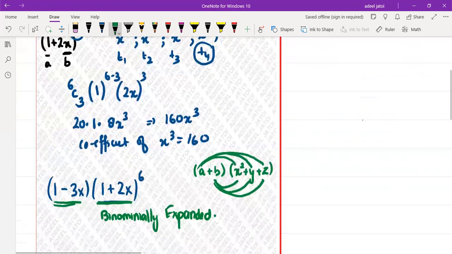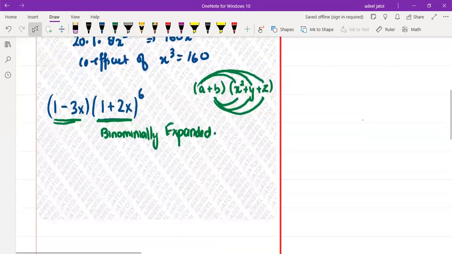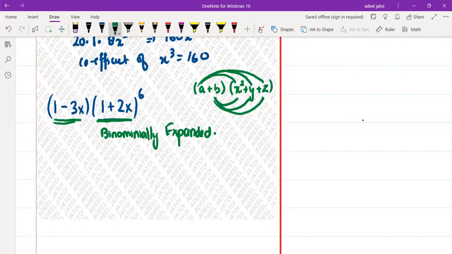What coefficient do you need? x cube. If you need x cube, that means with what term your 1 should multiply to get x cube. You will be multiplying 1 with x cube only. So when multiplied 1 with x cube, you get x cube in the end. What term will you be multiplying your minus 3x with?